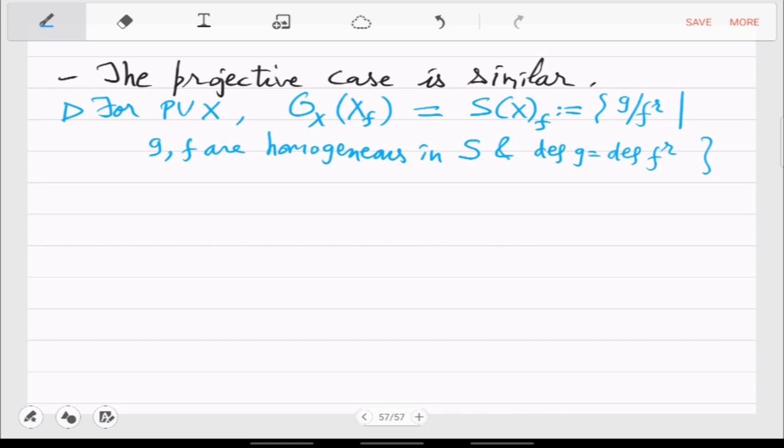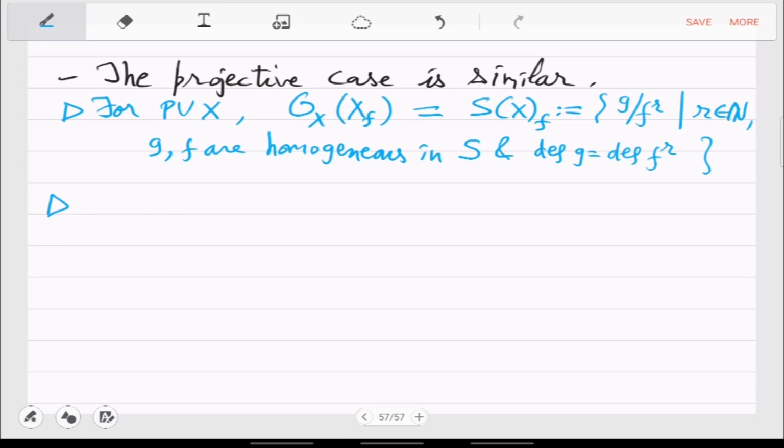And r is a natural number. Okay, is that clear? So, that would be the definition of SX localized at powers of f. You always have to take numerator and denominator of equal degree, and then again OX functor will be clear.